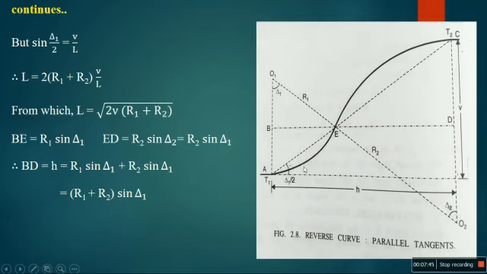Sine of the angle delta 1 by 2 is equal to V by L. Therefore, sin delta 1 by 2 is V by L, that is equal to 2 into bracket of R1 plus R2 into V by L. Take this L term to this side. We get L square equal to 2V into bracket of R1 plus R2. Taking the square root on both sides, we get L equal to square root of 2V into bracket of R1 plus R2.